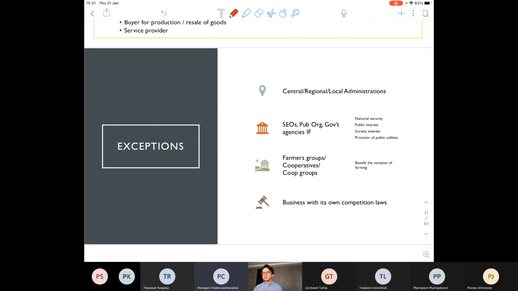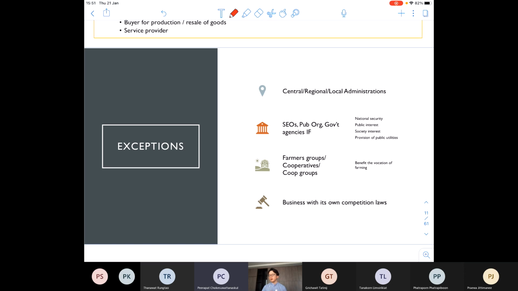Well, there are some exceptions. Certainly, if you are central, regional, or local administrator, you will be exempt from the enforcement of this Thailand Competition Act. If you are a state-owned enterprise or public organization or government agency, but not in all cases, right?